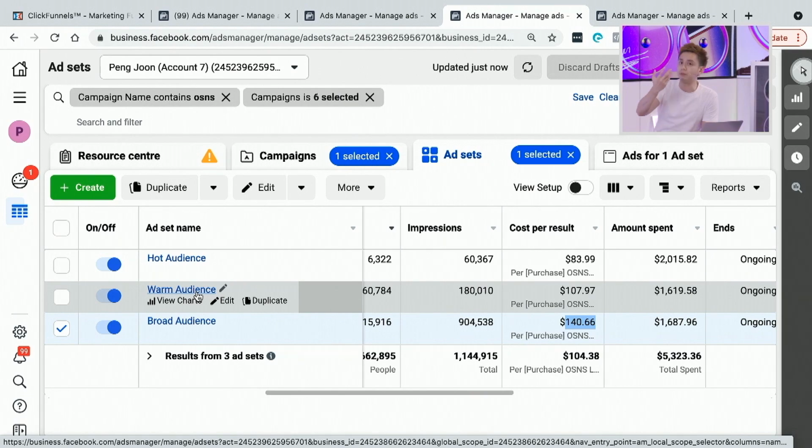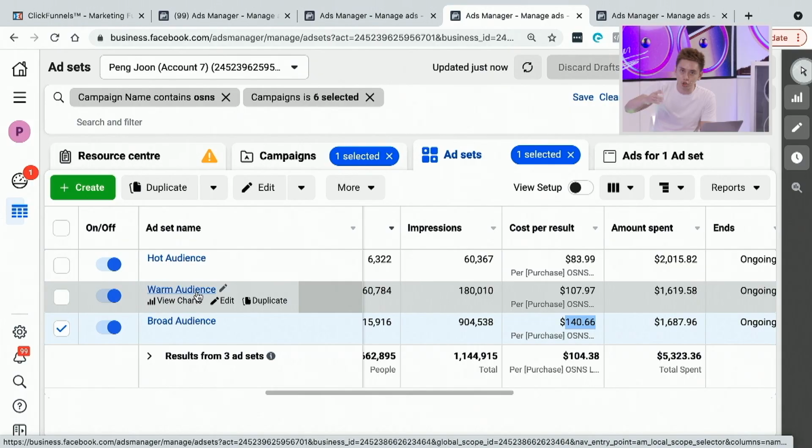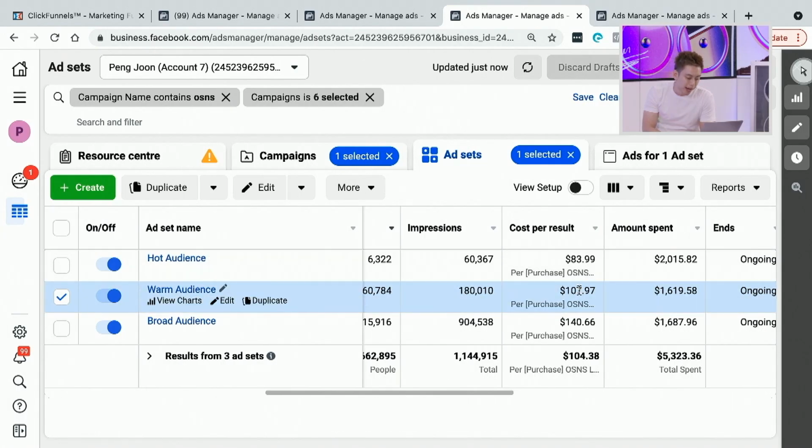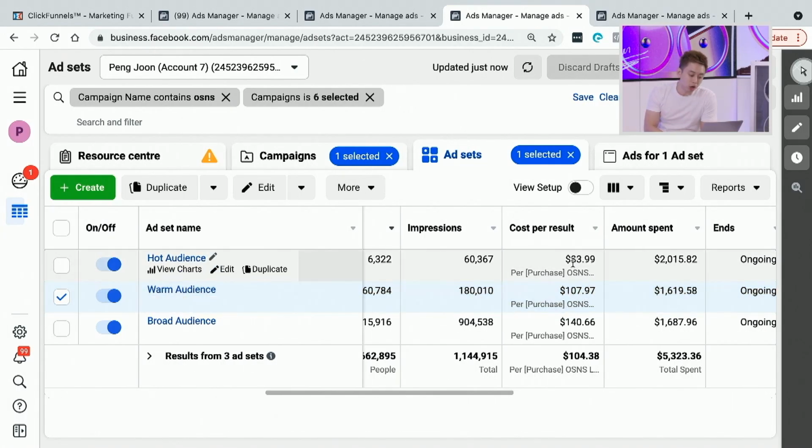So this could be a specific software, a specific person, or a specific organization, but it's an interest or a specific targeting that you know has converted well in the past, okay? So that's why it's warm, which is the green fisherman over here. Now this might not convert as well as hot, but this is the next step, right?